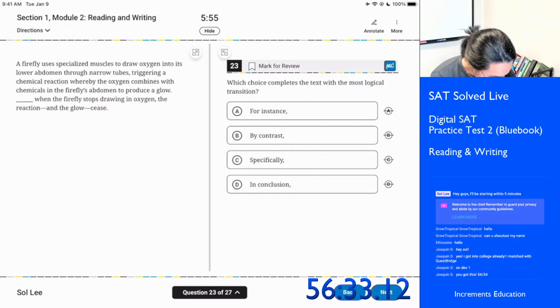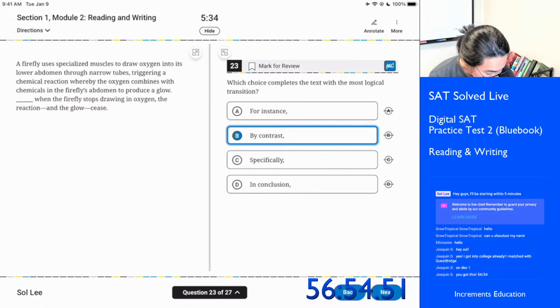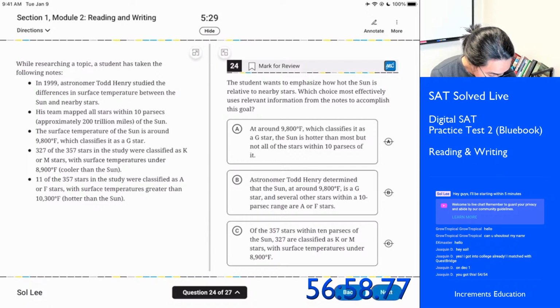So when the stops drawing, wait, specifically it ceases? That's weird. I guess it's by contrast. Yeah, that's the only one. That's the only way to describe this process here, because we're talking about drawing it in versus not drawing it in. Okay, so that's the only choice.